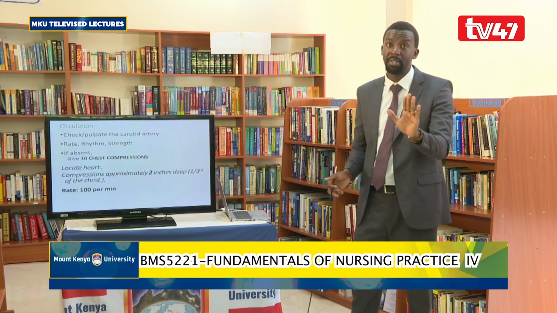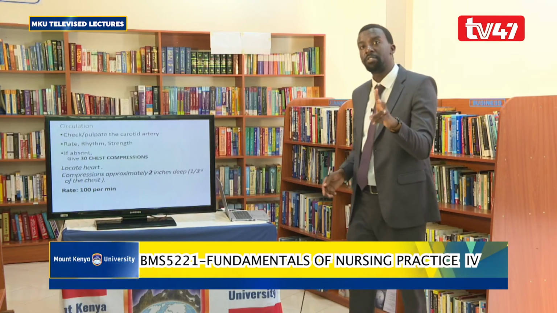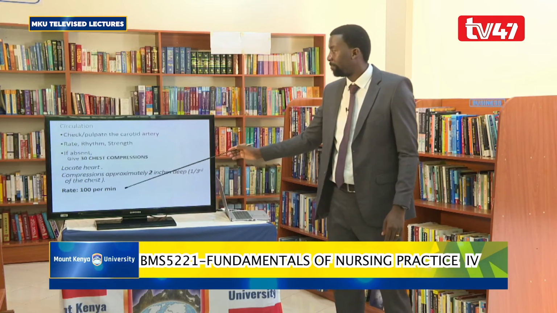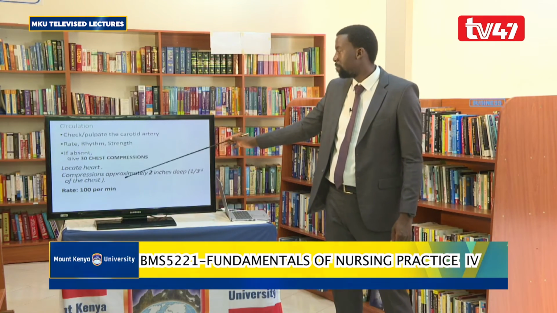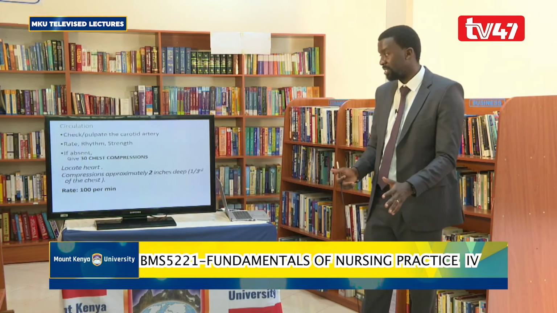And remember, this is adult basic life support. 30 compressions for every 2 ventilations. Locate the heart, okay? And then compressions are usually approximately 2 inches deep or a third of the chest, 5 to 6 centimeters.